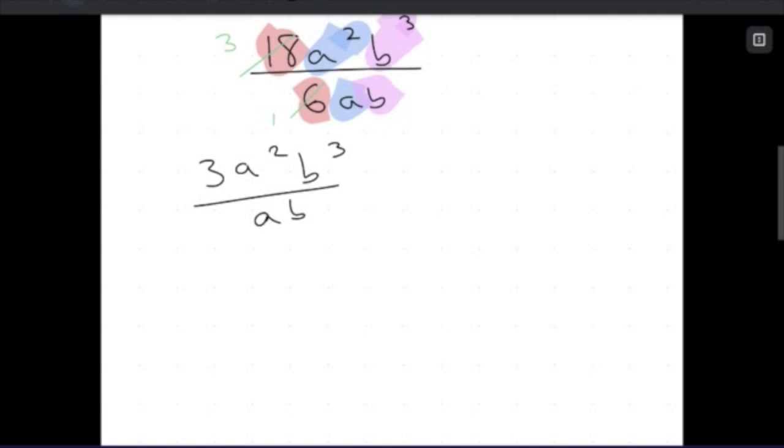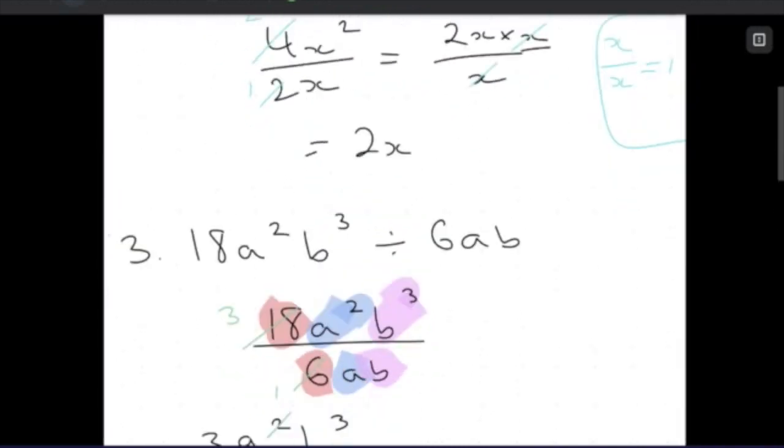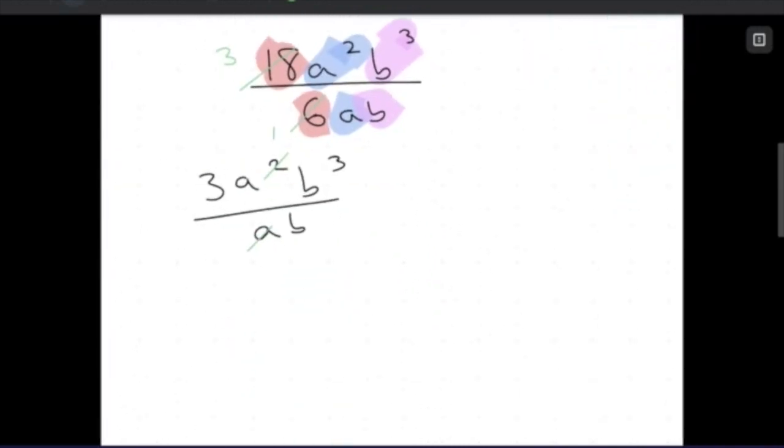Now, here I have 2 lots of a up here, so that will cancel with one of my a's down the bottom in the exact same way it happened in our previous example. And the same thing happens with our b's. So this b cancels with b cubed, so one of the b's is cancelled out, and we're left with b squared.